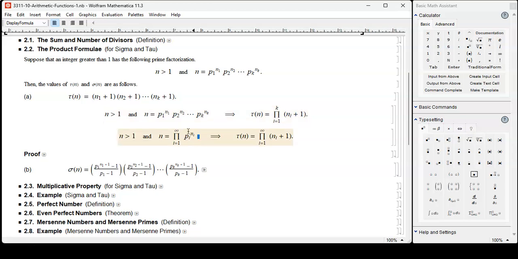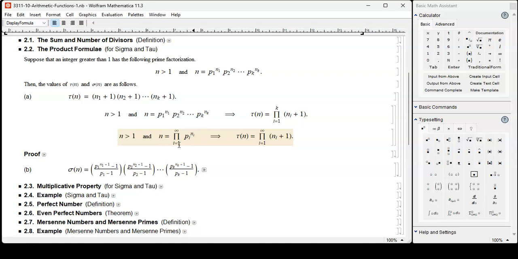Here, each p_i is from the list of all prime numbers in increasing order. The first prime p1 is 2, the second prime p2 is 3, the third prime p3 is 5, and then 7, 11, 13, 17, 19, 23, and so on.